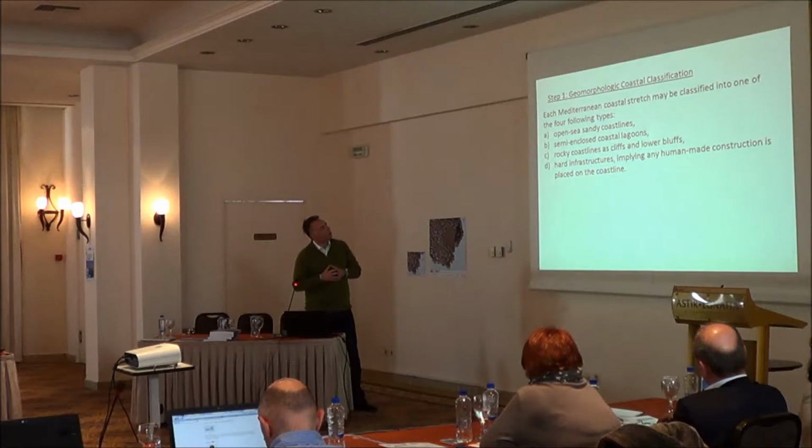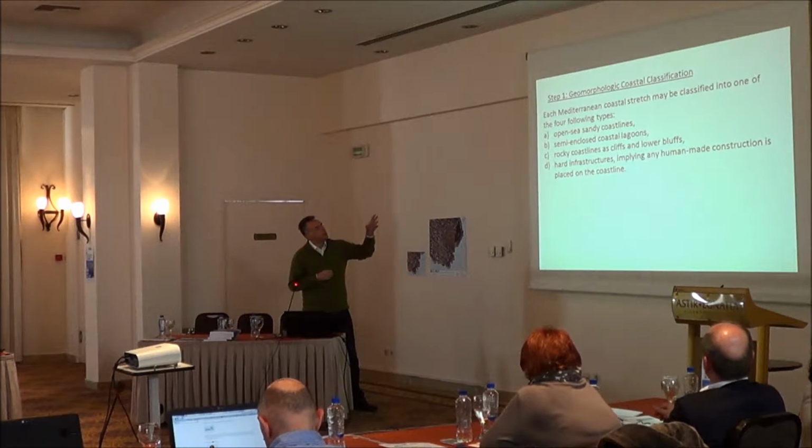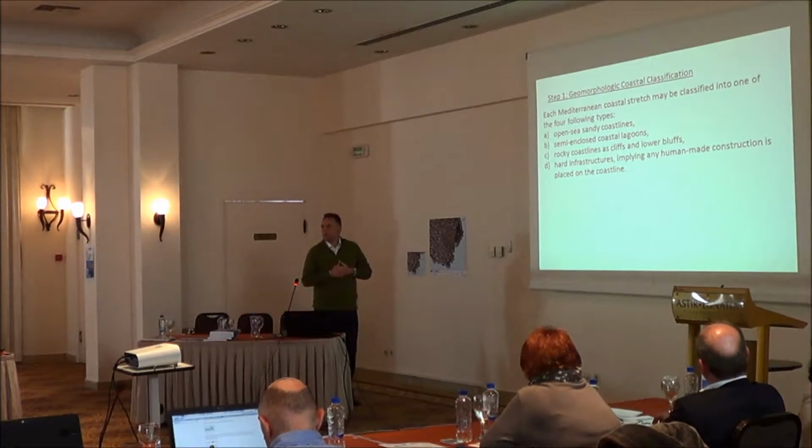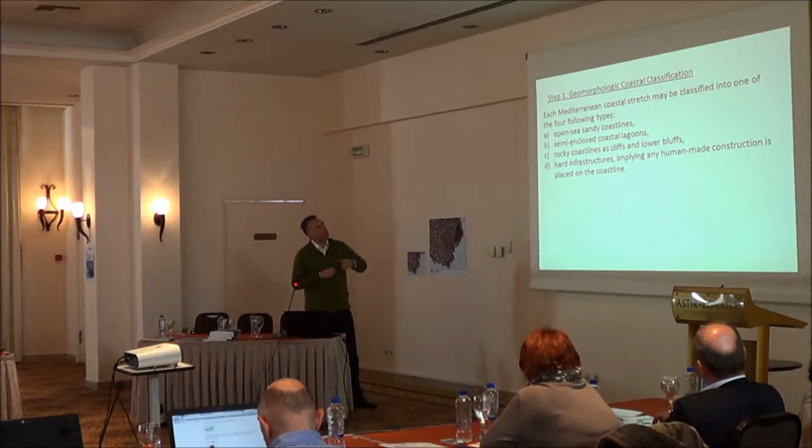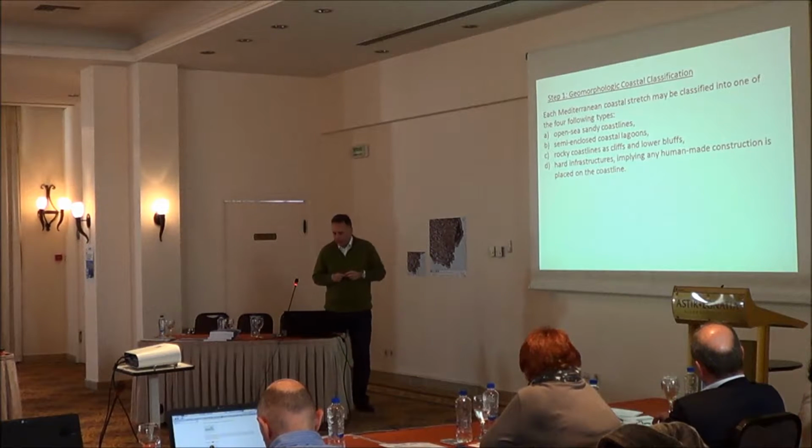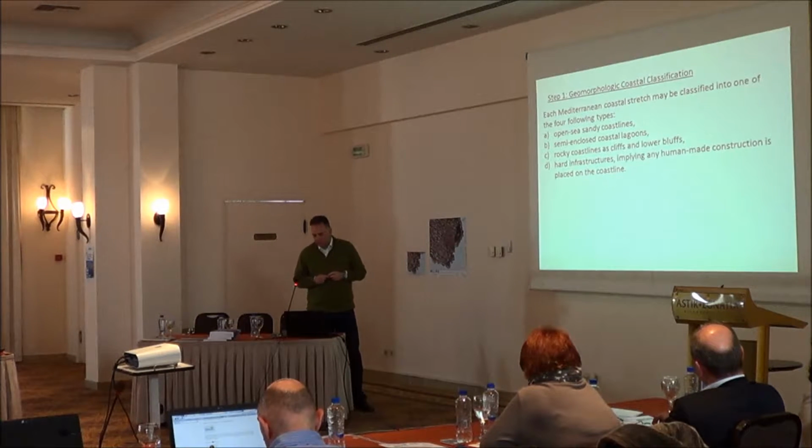Now, I will go through these steps. The geomorphological coastal classification. In the Mediterranean coastal zone, we have 4 types of coastlines. We have the open sea sandy coastlines, the semi-enclosed coastal lagoons, the rocky coastlines, which are comprised of cliffs and lower bluffs, and the hard infrastructures, which are mostly man-made construction on the coastline.